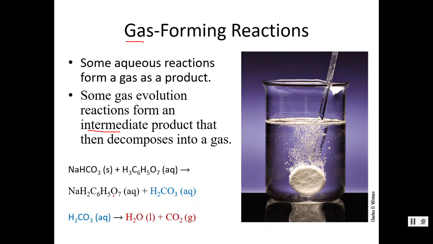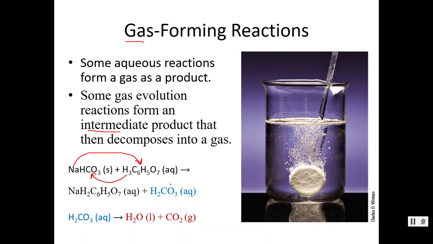We're going to do some more detailed examples in the next video, but in this particular example, if I have sodium hydrogen carbonate reacting with this acid, which I would not expect you to name, it's oxalic acid, the sodium is going to pair with that oxalate anion, the hydrogen with the HCO3.